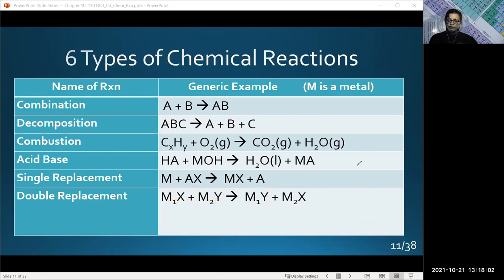All right, so in a nutshell, you can see that this is a table representing general compounds reacting to form a product. Okay, we're not talking about specific examples.